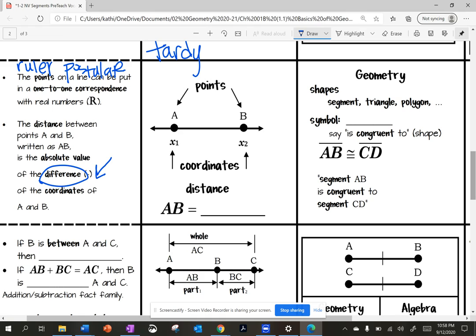So in geometry, I'm going to call the points A and B, but on the number line, I would call them x1 and y1, and they're called coordinates. So to find the distance between points A and B, I take the absolute value, and I'm going to say the second coordinate minus the first coordinate.